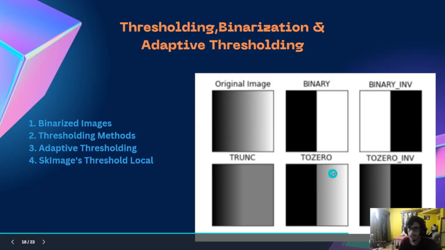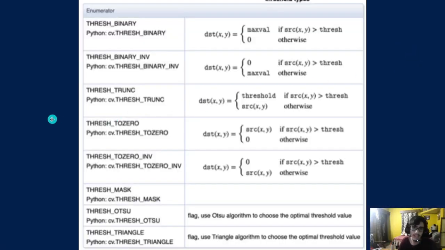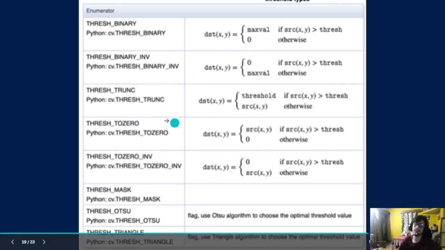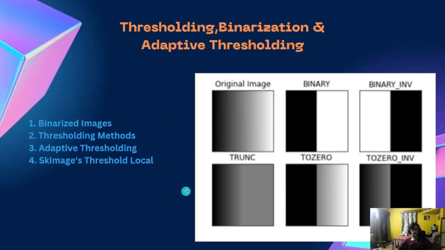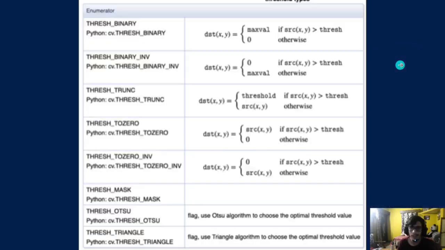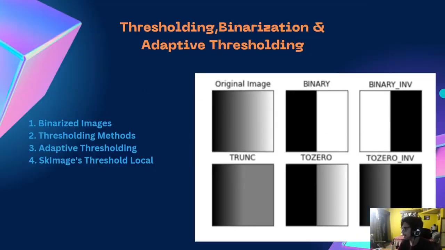Okay, so let's see how to do these things in the coding part. These are some algorithms of thresholding. We will study how to do this, and this will all be in this topic. Let's start the coding part. Let's go.